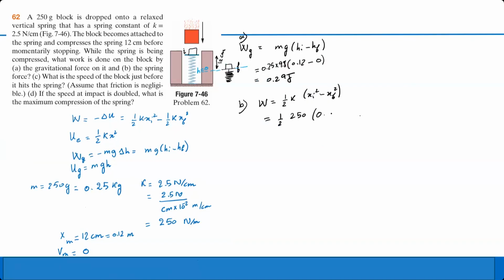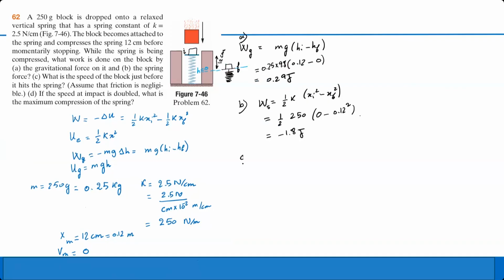At the final point, the spring has compressed by 0.12 meters. So I'll plug this in. I can calculate this. You will get minus 1.8 joules. This is the work done by the spring.